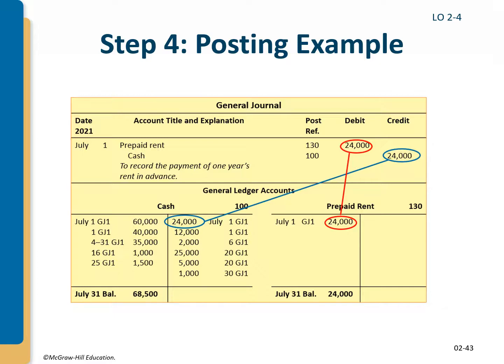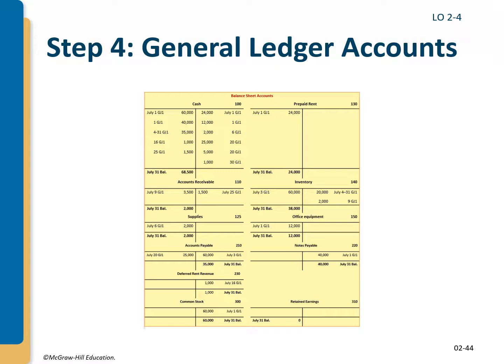So in July 1, we debit prepaid rent. So in the general ledger, on the debit side, debits on the left, credits on the right, we will debit prepaid rent $24,000. On the credit side of the cash T account, we will put $24,000. And we will do that for each journal entry.